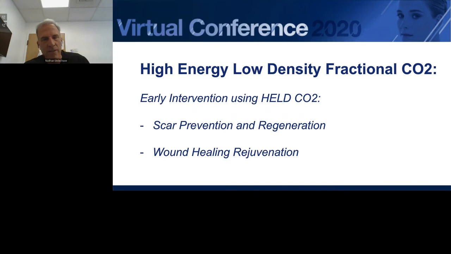So both scar prevention, we're preventing a certain amount of scar, and we're also creating a new regeneration of more normal tissue. And then in addition, we're able to actually treat wounds before they scar, allowing them to heal with a different type of healing speed and quality.